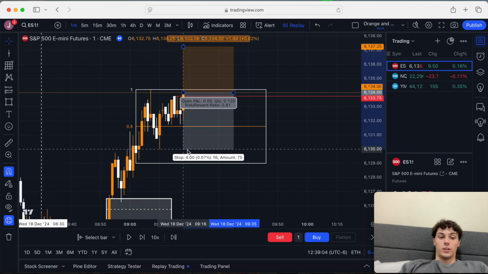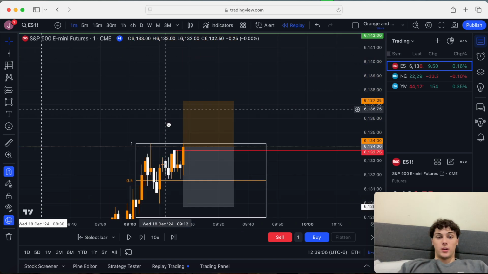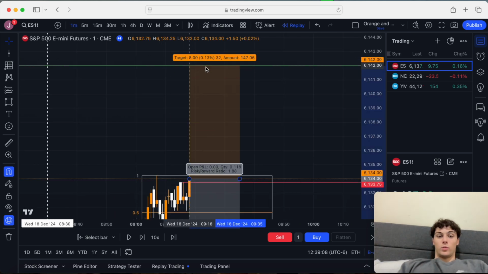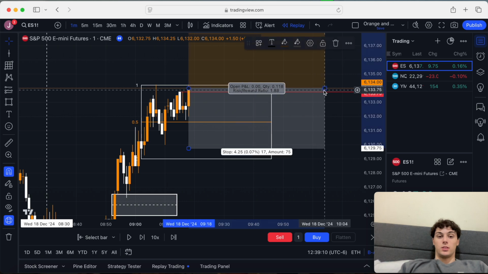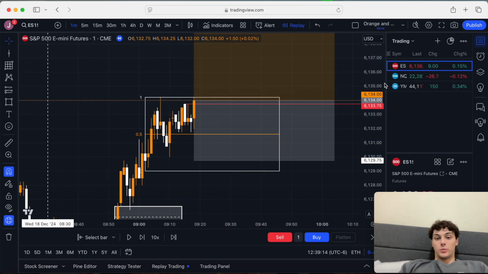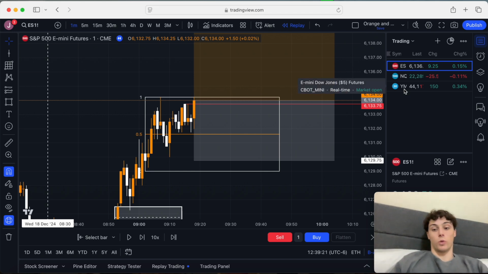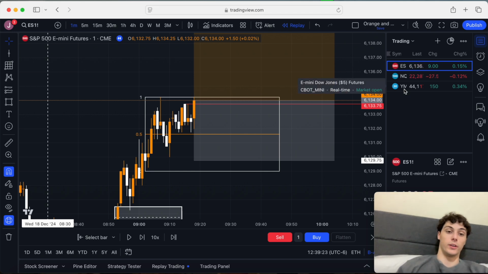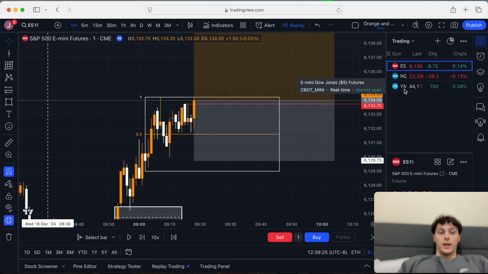Bam. I easily could have changed my stops and put it right here. But I didn't want to do that because with FOMC news today, I wasn't willing to risk anything heavy. I only risked 1% on this trade. And I also wanted to be super cautious because it was FOMC.